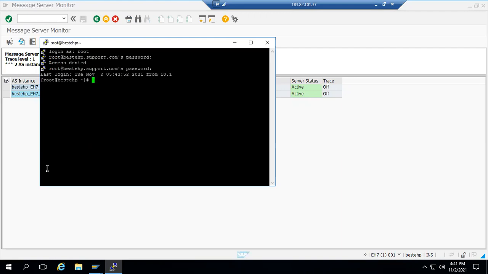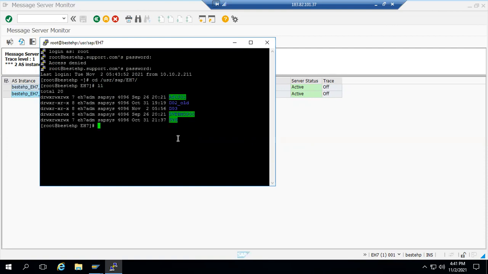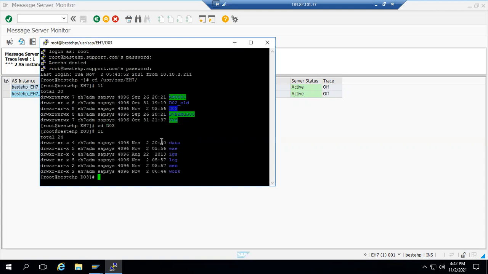So what is the path? cd /usr/sap/EH7, enter. cd log.